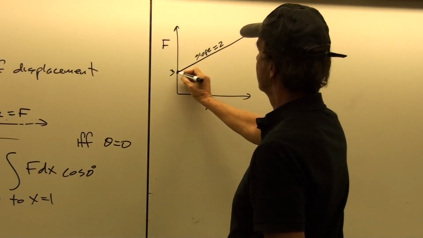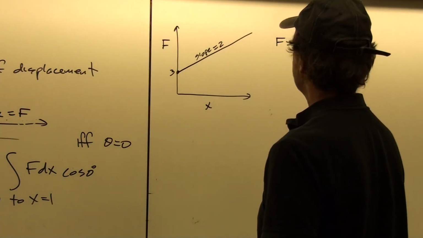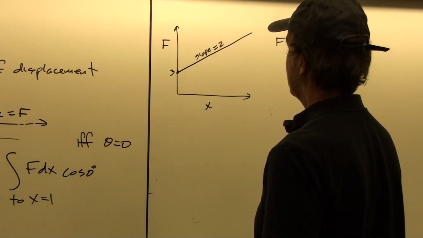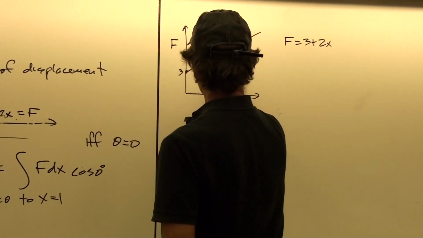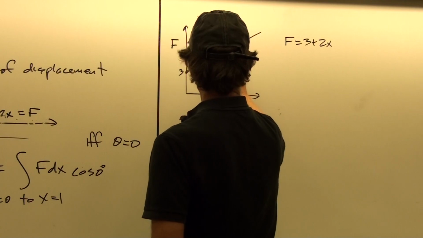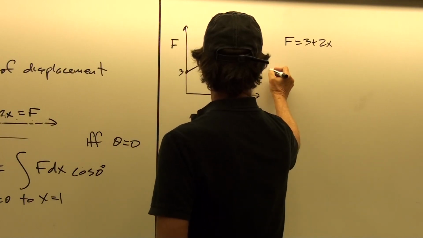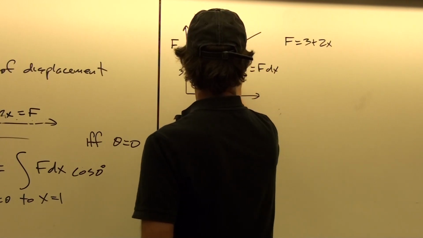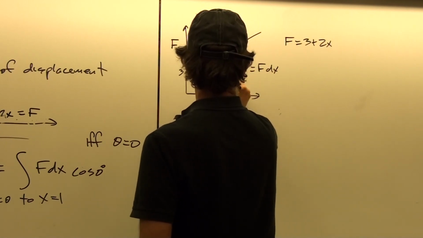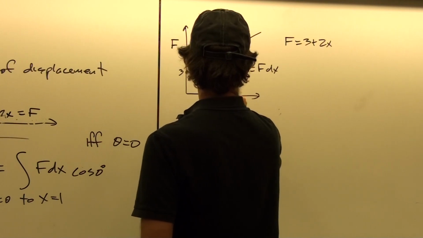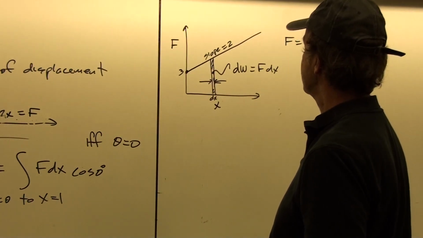So the vertical intercept, the F-intercept at x equals 0, is 3, and then we have a slope of 2. And so if I want the work that's done, basically what I'm doing is I'm saying, well, this little area here is F dx. That's a little tiny bit of work that's done. And so the height then would be whatever the force is at that point times that little bit of displacement.